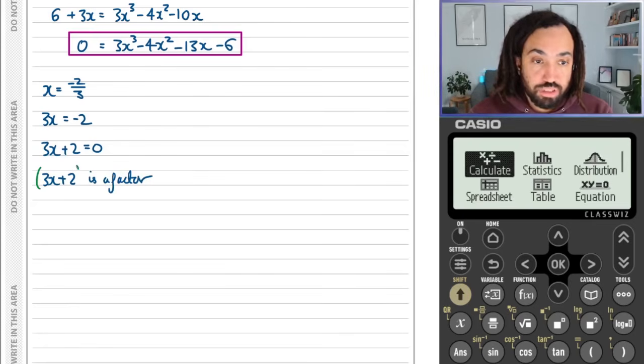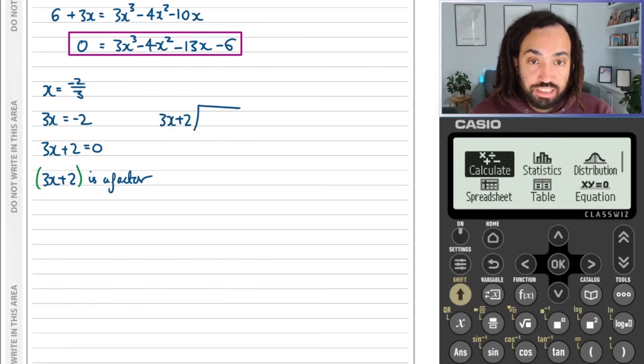Okay, so what that allows us to do then is to divide this polynomial by 3x plus 2, and that's going to give us the quadratic factor, and then after that we can find the two linear factors and thus the two other points of intersection.